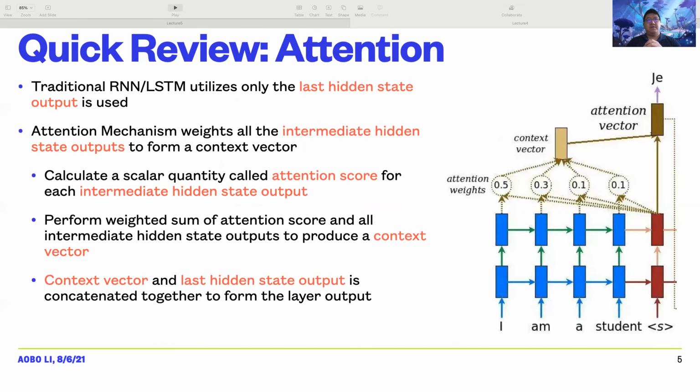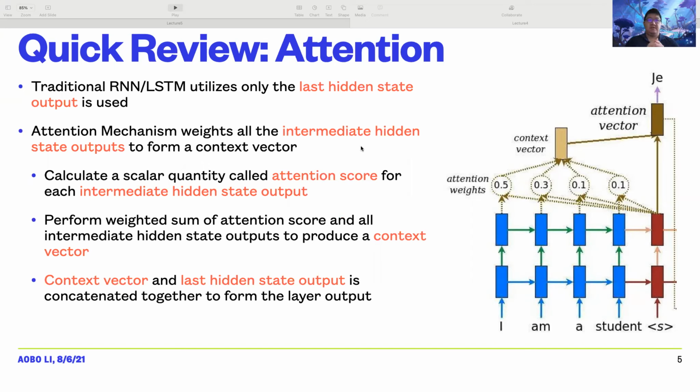And then we will do a quick review on attention. So the traditional recurrent neural network and long short-term memory model utilize only the last hidden state. So we basically throw away all the intermediate hidden state outputs, and that's actually a huge waste of information. What the attention mechanism does is that it uses all the intermediate hidden state outputs to form a context vector.